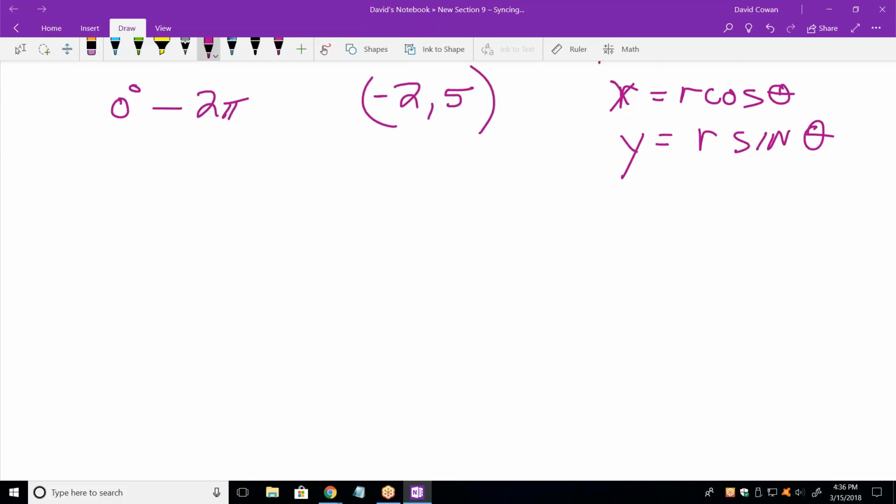And X squared plus Y squared equals R squared, right? Exactly. Those are the three primary ones. Now, you do end up in some situations where you have to use tangent, but these should cover most of these conversions. Okay, now let me just figure out if I can remember how to do it.